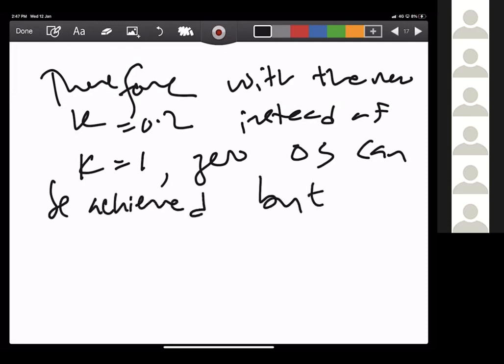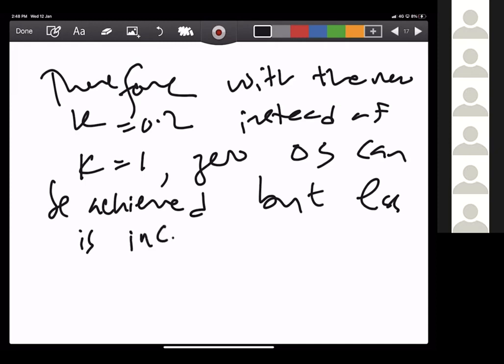But is the steady state error decreased or increased? Aisha Akram, is it increase or decrease?